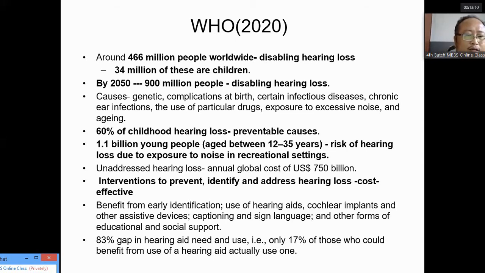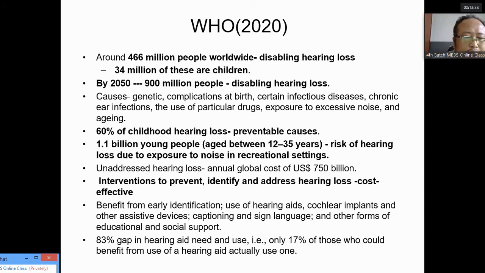They might have some kind of hearing loss. So WHO has mentioned that preventing, identifying and addressing hearing loss is cost effective, and it won't be a burden to the family, persons, even society, even a state.